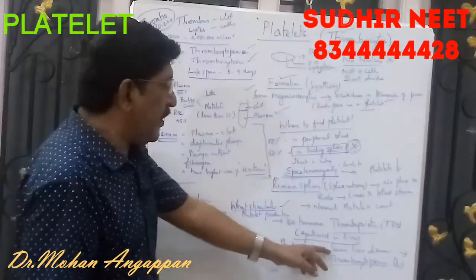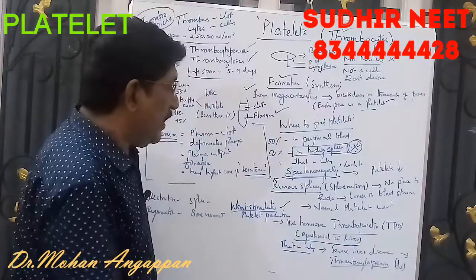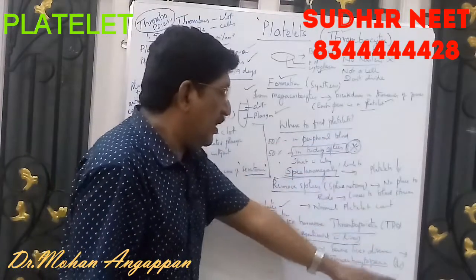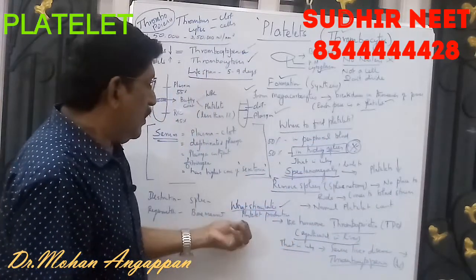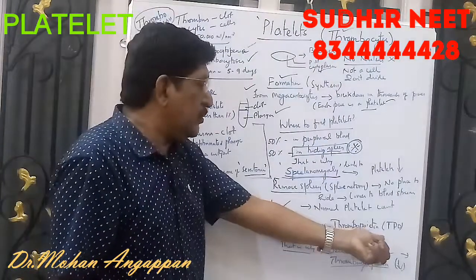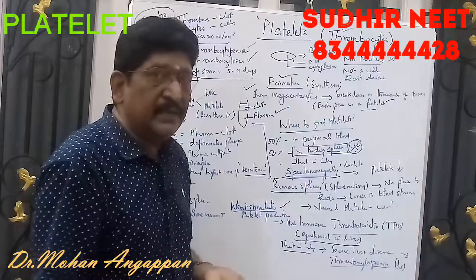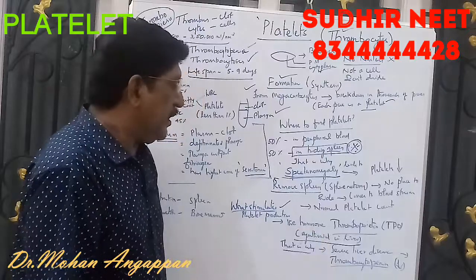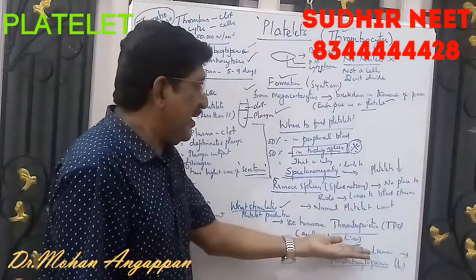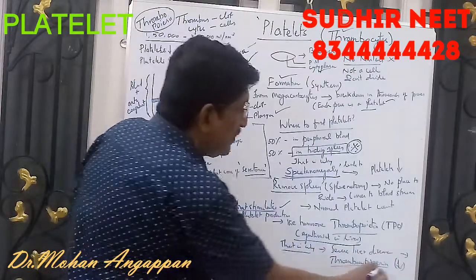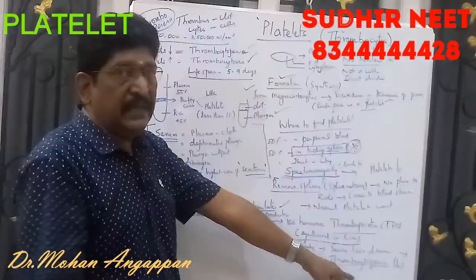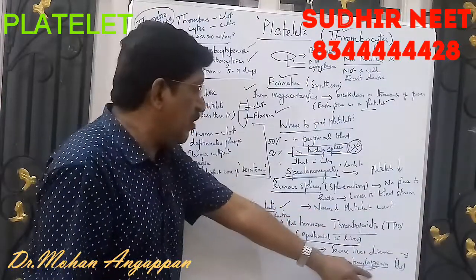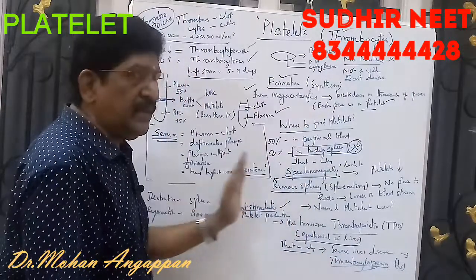That is why when severe liver disease occurs, the platelet count reduces, and the disease thrombocytopenia comes. The platelet count will come down. That is called thrombocytopenia.